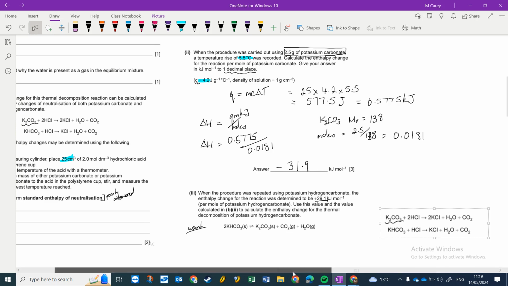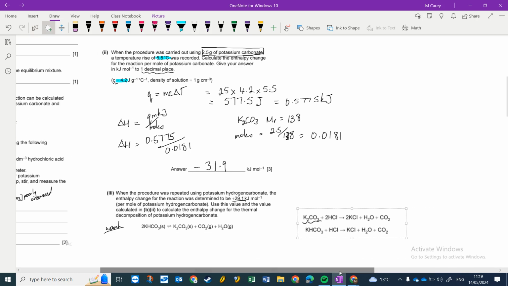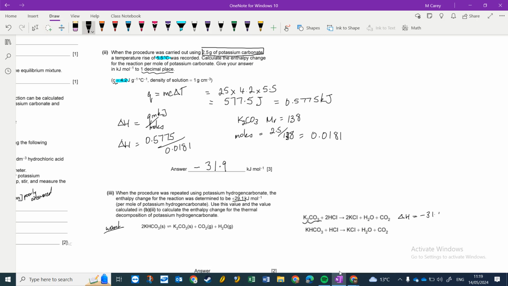As I say, this might be a bit fiddly. So we have delta H for that, minus 31.9 kilojoules per mole. Delta H for this is equal to plus 29.1 kilojoules per mole. Okay, so what we're basically going to do is double or halve or combine or switch these equations around, because what we ultimately want is this.